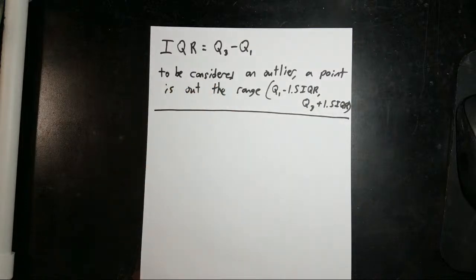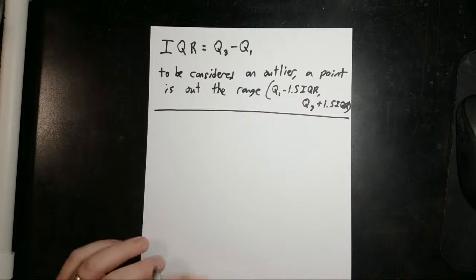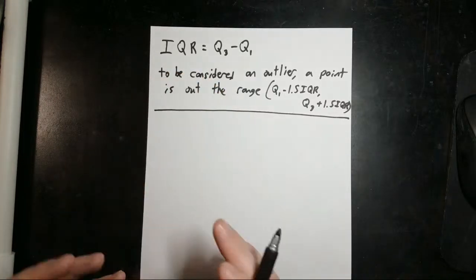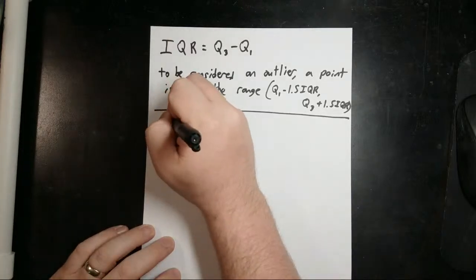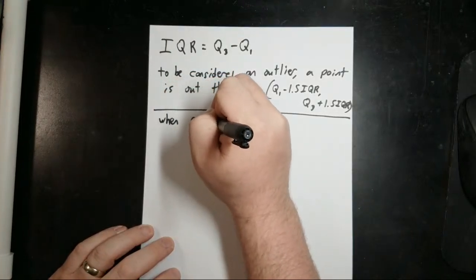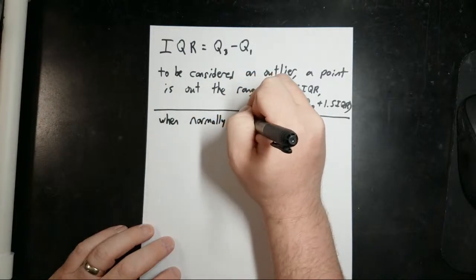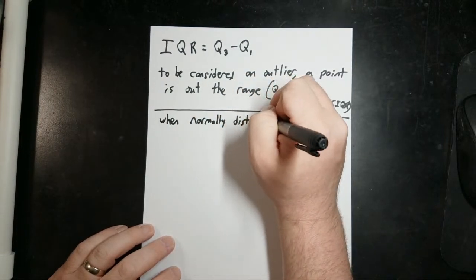Now, that is slightly different from being considered unusually high or unusually low. It's a similar concept, and I guess they're somewhat interchangeable, but the unusually high, unusually low concept had to do with z-scores. And if you were dealing with z-scores, then you had to be normally distributed or nearly normal.